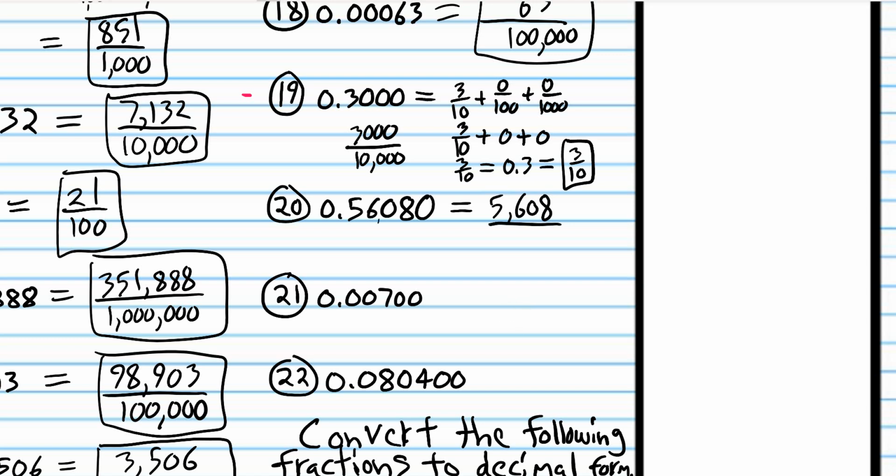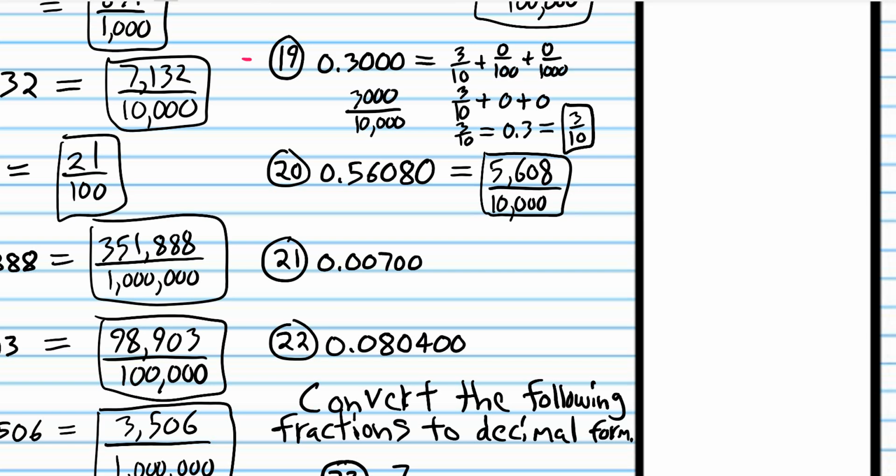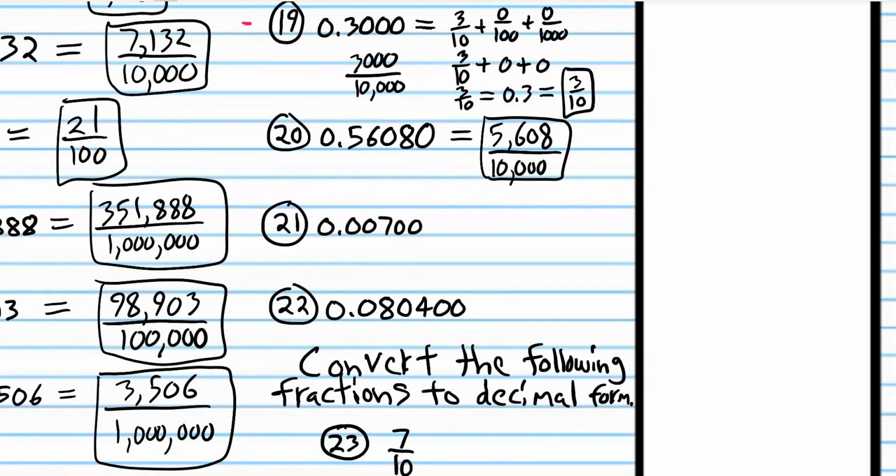Instead of saying 56,080, we just say 5,608, and then we consider this number to be the last number, and that number is in the tenths, hundredths, thousandths, 10,000ths place. Now you can actually reduce this fraction further, but we're not going to do that because it would just take too much energy and time, and that's not what this class is about.